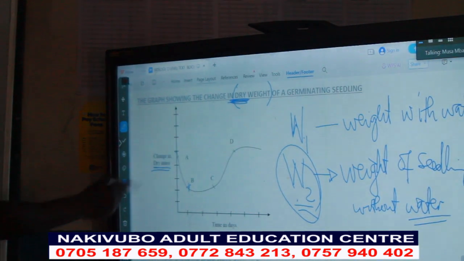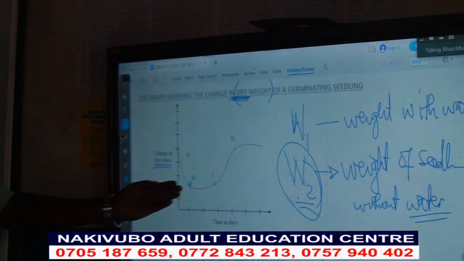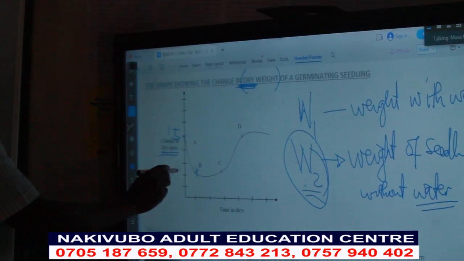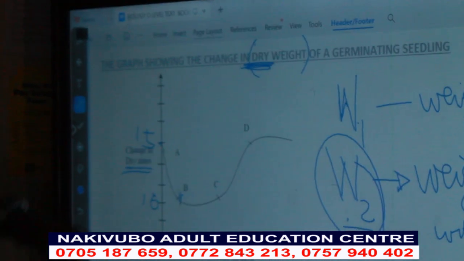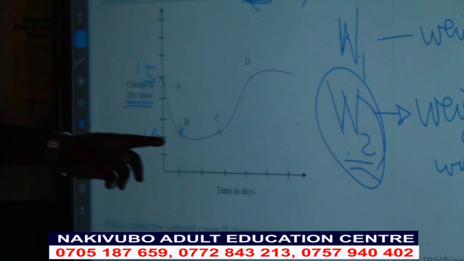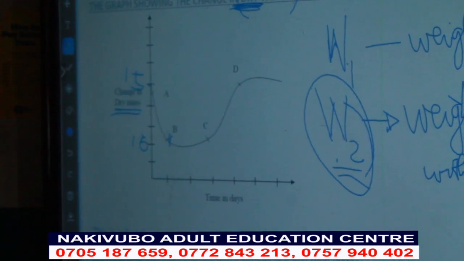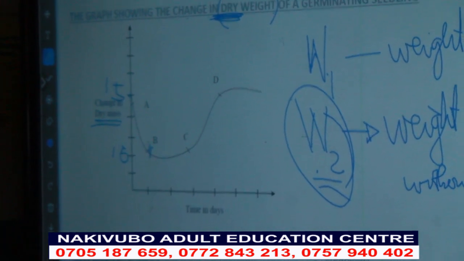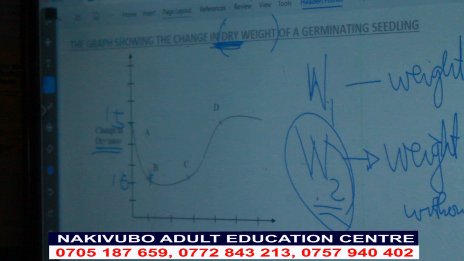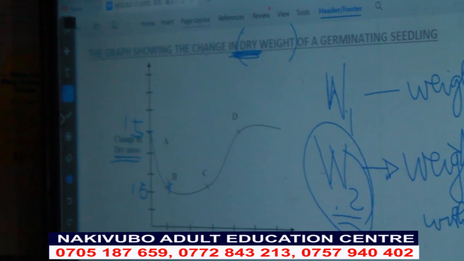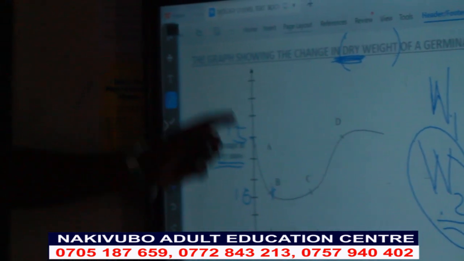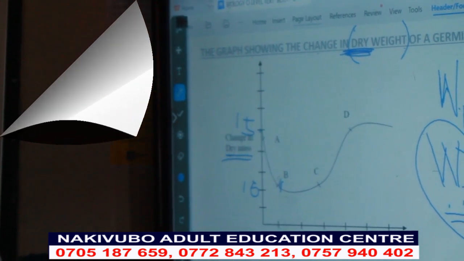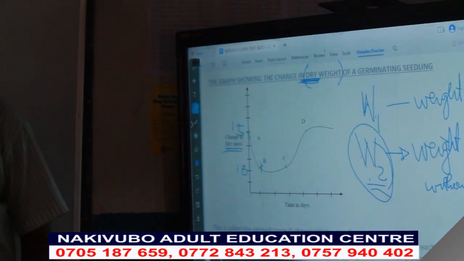Dry mass has decreased. If this was 15, this would be 10. So from 15, it has decreased to 10. It's an assumption. So in the first few days, when you plant a seed, the dry weight decreases, but the wet weight will increase.